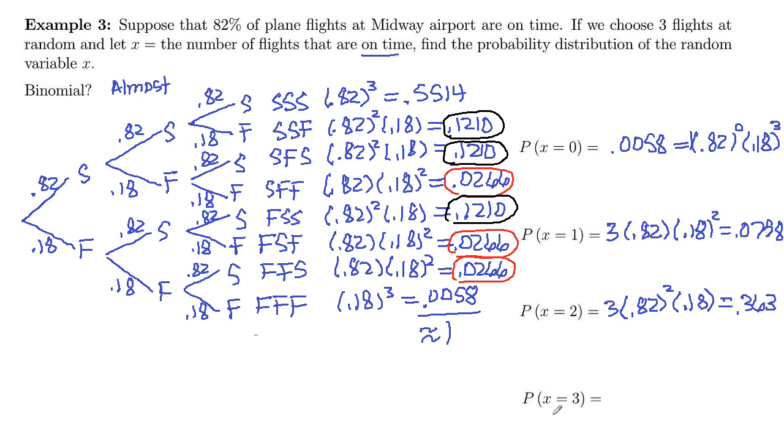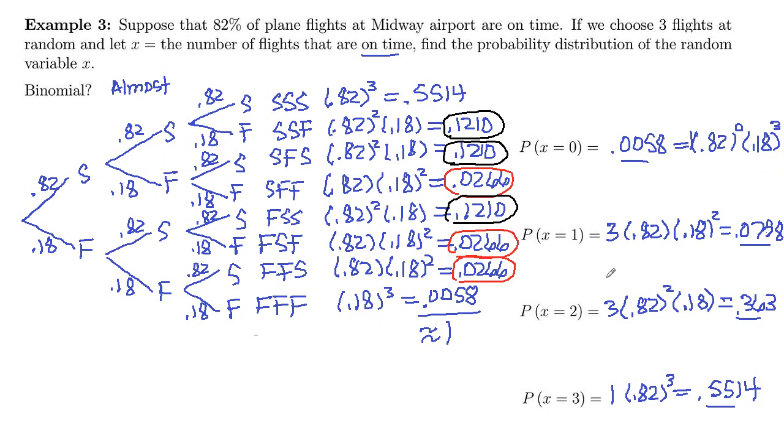And then the probability of having 3 on time, that's just this one sample point. There's one way to do that, and it is 0.82 cubed, which is 0.5514. These 4 numbers also total to 1. So we can look at that probability distribution.